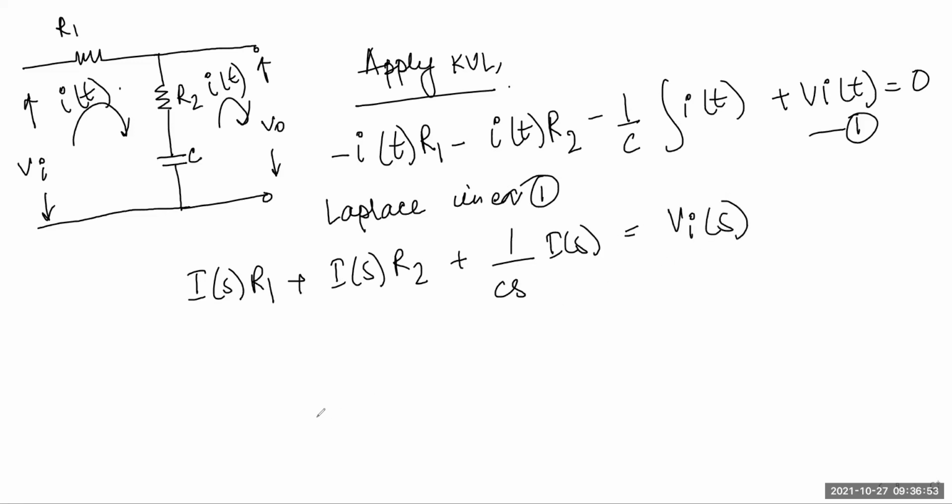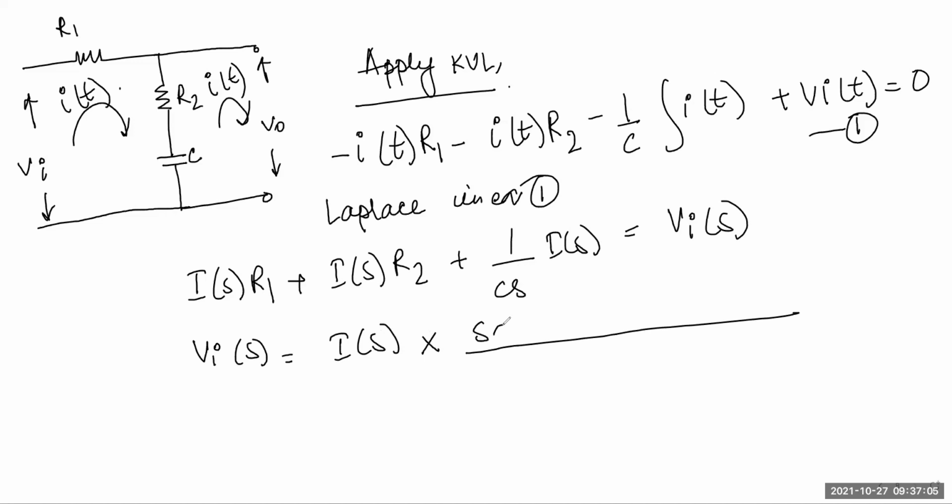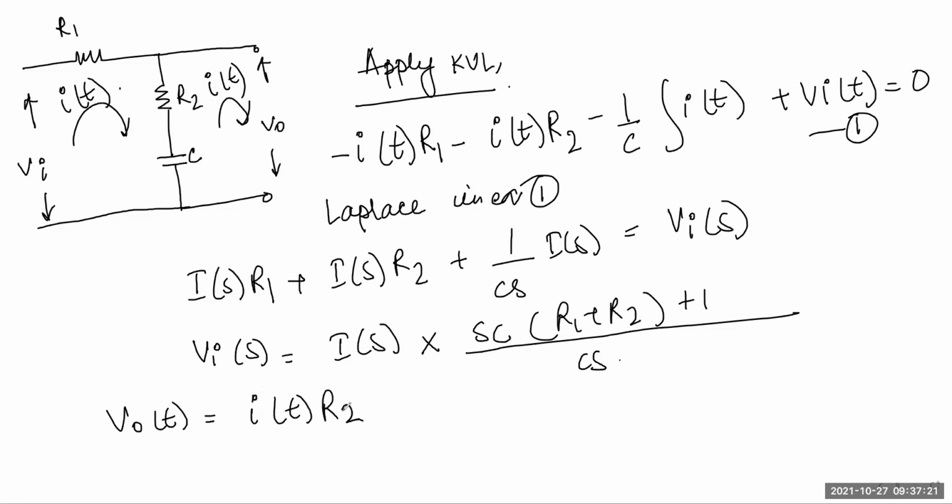I hope this is clear to you all. So from here, you can find VI(s), that will be simply I(s) multiplied by (SC(R1 plus R2) plus 1) over CS. And for V0(t), that is very simple: I(t) R2 plus 1 upon C integral of I(t) dt.